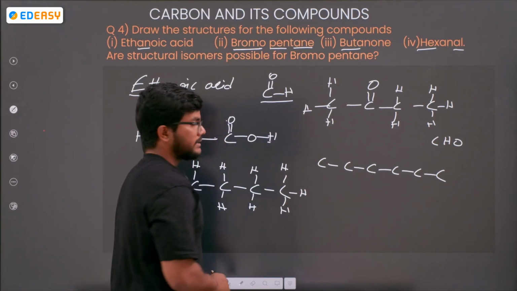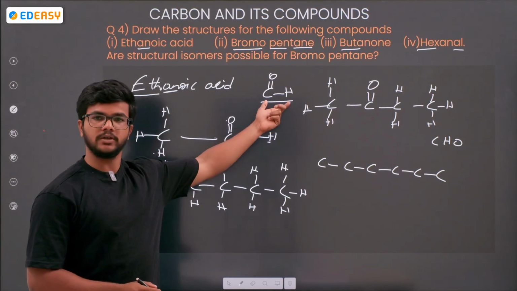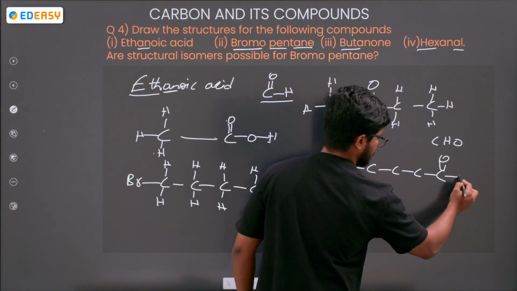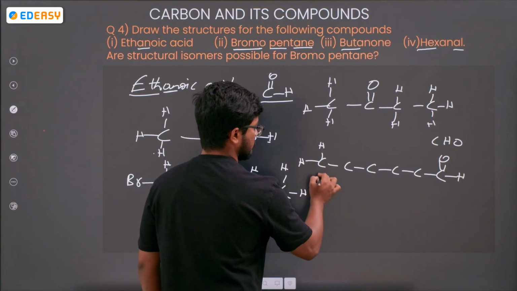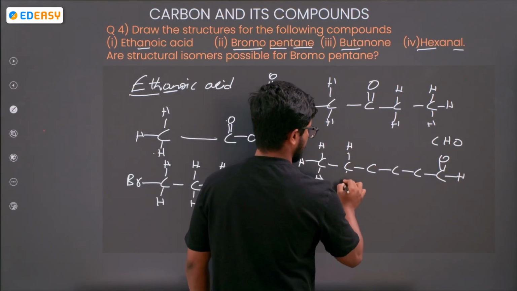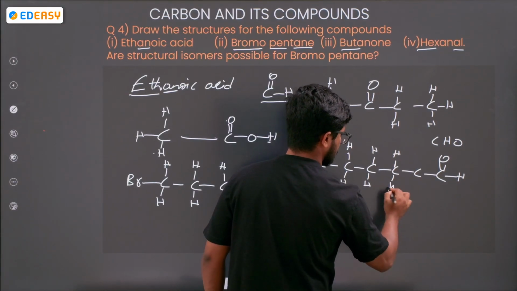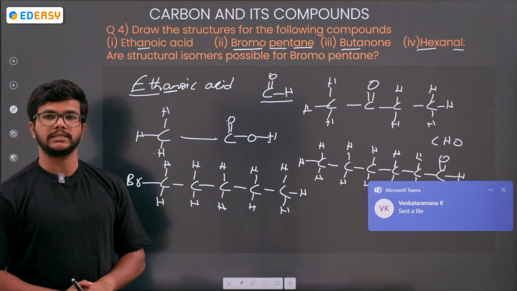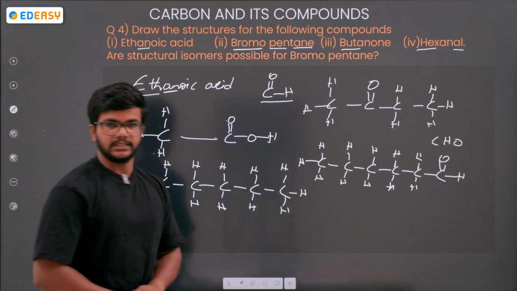This is the terminal functional group. Terminal functional group means it can be in the first position or last position. So if you keep here double bonded OH, the remaining are all hydrogens. 1, 2, 3, 1, 2 here, 2 hydrogens here, 2 hydrogens, and here 2 hydrogens. Hexanol, this is the hexanol structure.